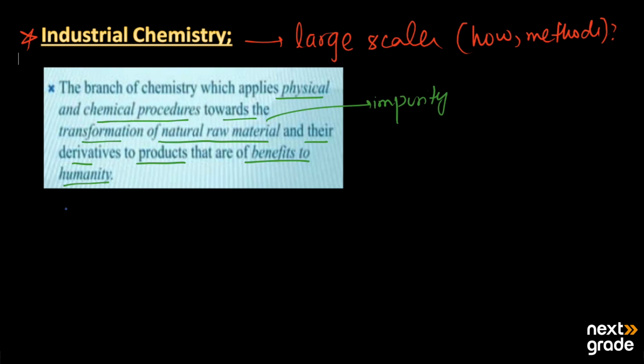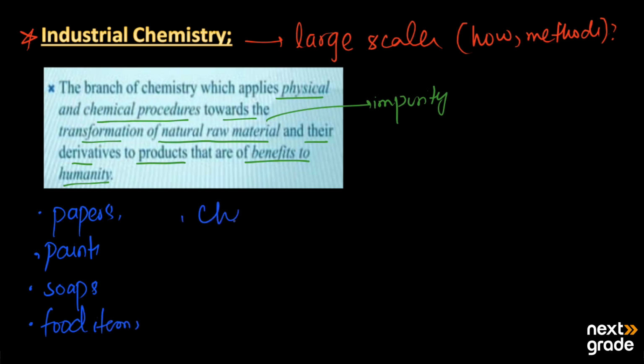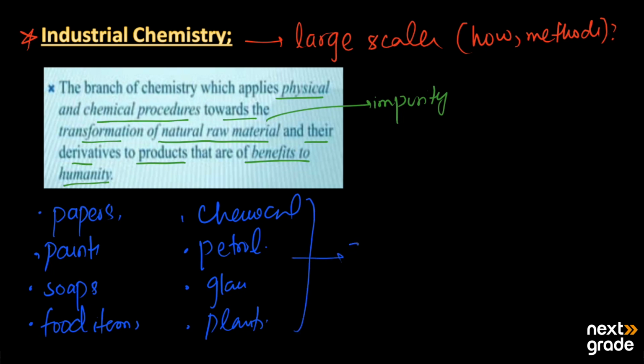And in industrial chemistry, papers are produced, different paints, soaps, different food items, different chemicals, the production of petrol, along with the production of glass, plastics, and detergents, all just happen in the industries.